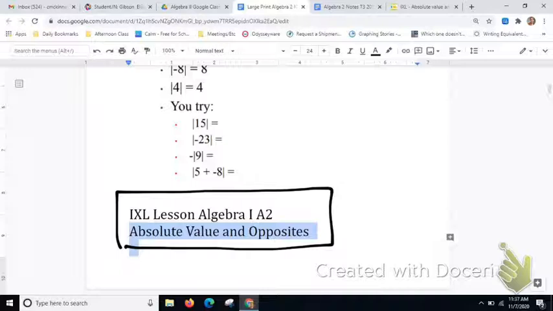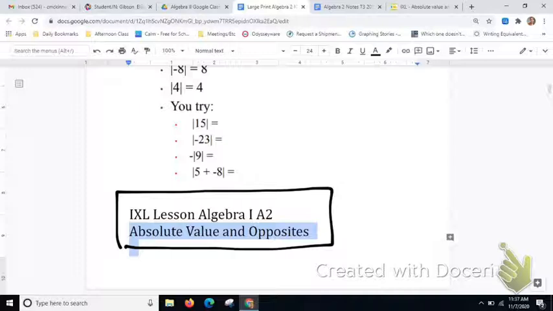Lesson algebra, and we're going to do that from the Algebra 1 tab. Most of our things will be from Algebra 2, but there will be a few things we use the Algebra 1 tab. I will make recommendations, so that should not be an issue. You should see those in your recommended lessons on IXL.